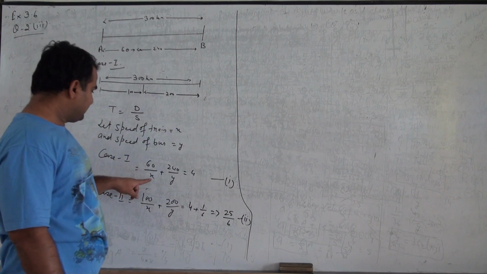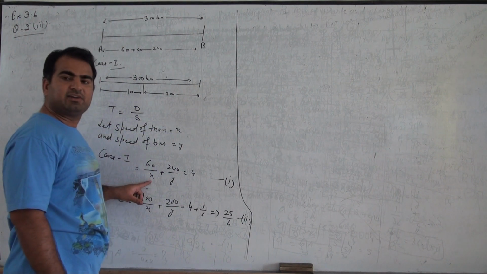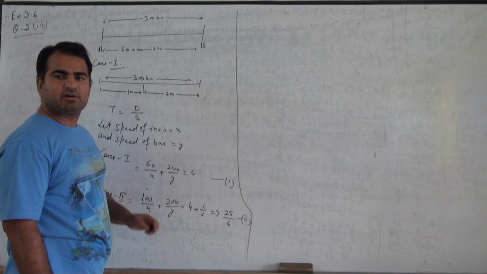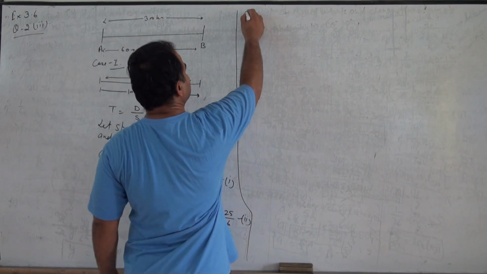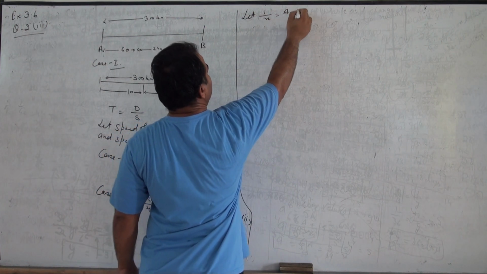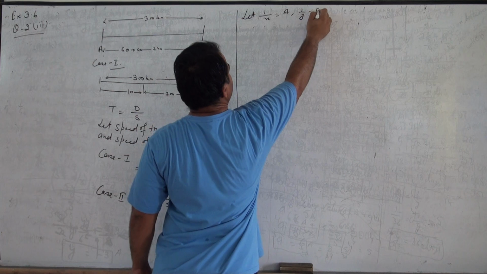Now we can see that the variables are at the denominator place, so we have to take other variables a and b. Let 1 upon x equal a, and 1 upon y equal b.